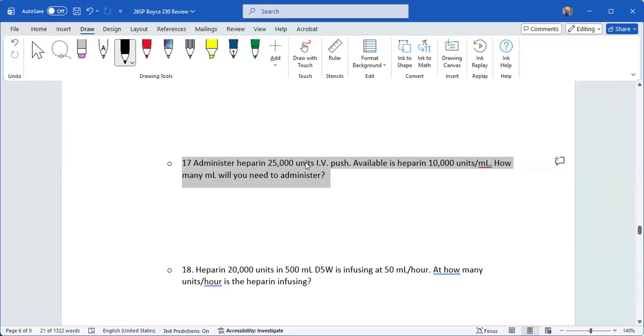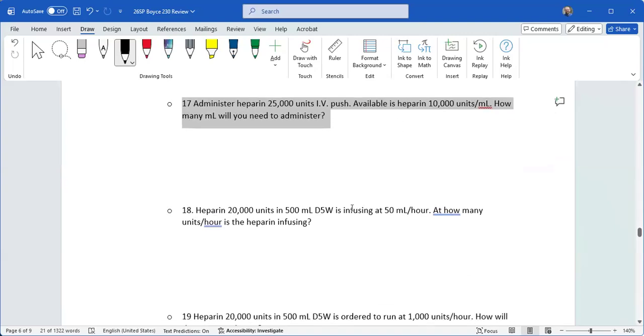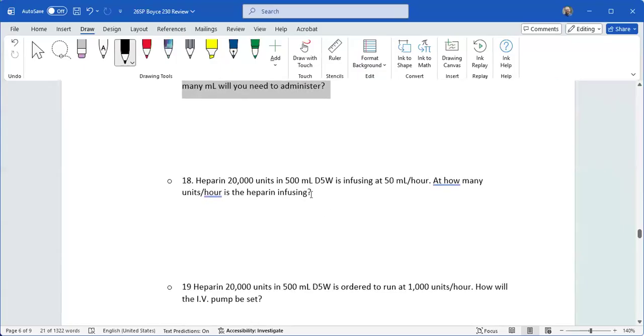Okay. So you're going to take your 25,000 units as the order. Your available is 10,000 units per milliliter. You've done this before. This is just 25,000 divided by 10,000, and then you'll get, I think it's 2.5 milliliters as your answer.